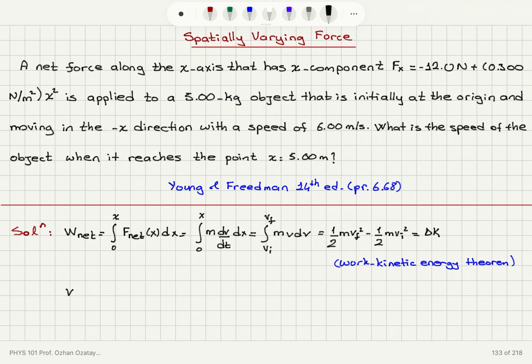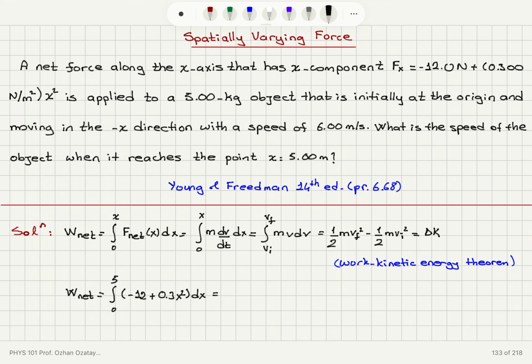So the work done by this net force acting on the system is the integral from x equals 0 to x equals 5 of the force, minus 12 newtons plus 0.3 x squared, dx.